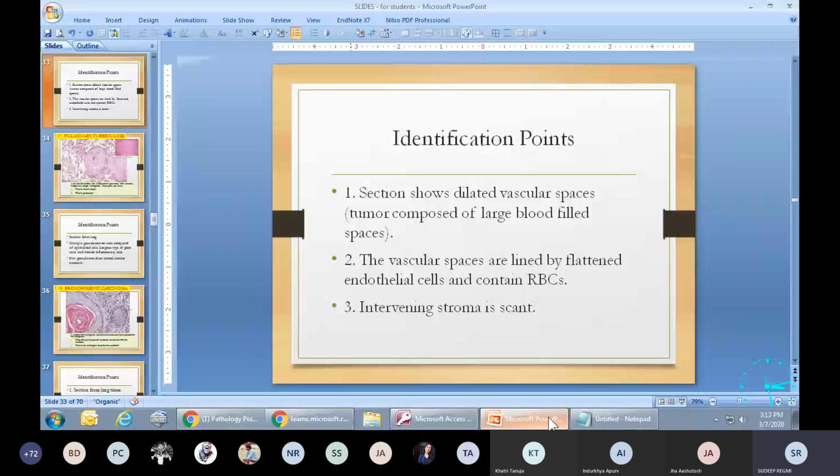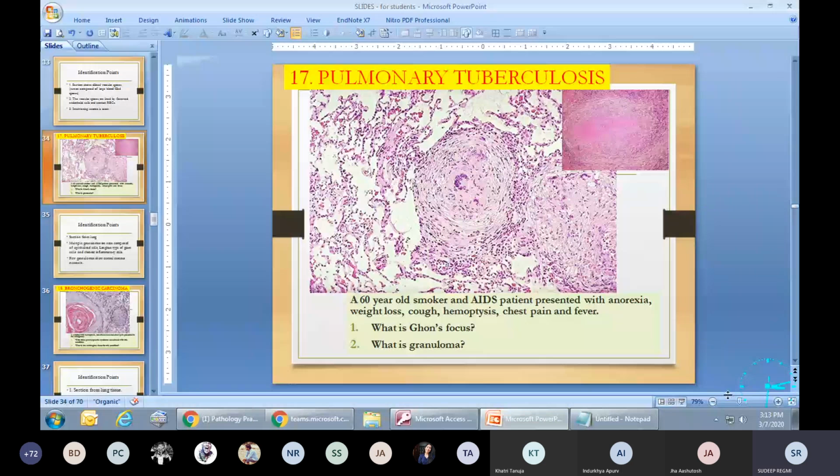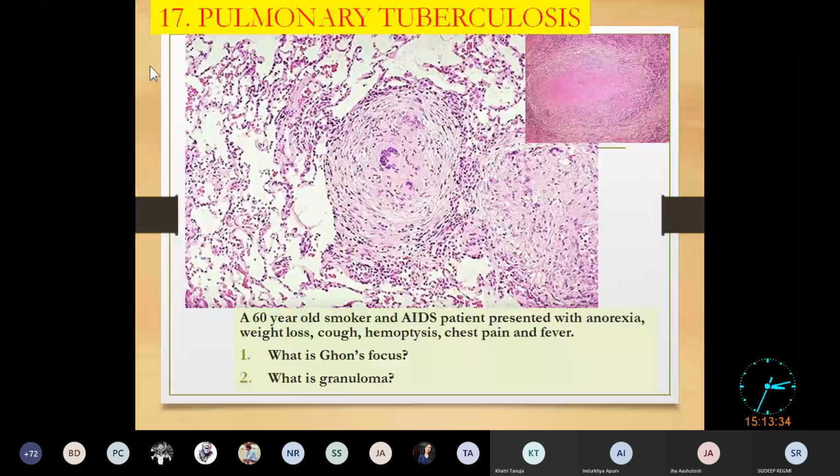Okay, let's go to the next slide, 17th number. Describe this, please. Section from lung.